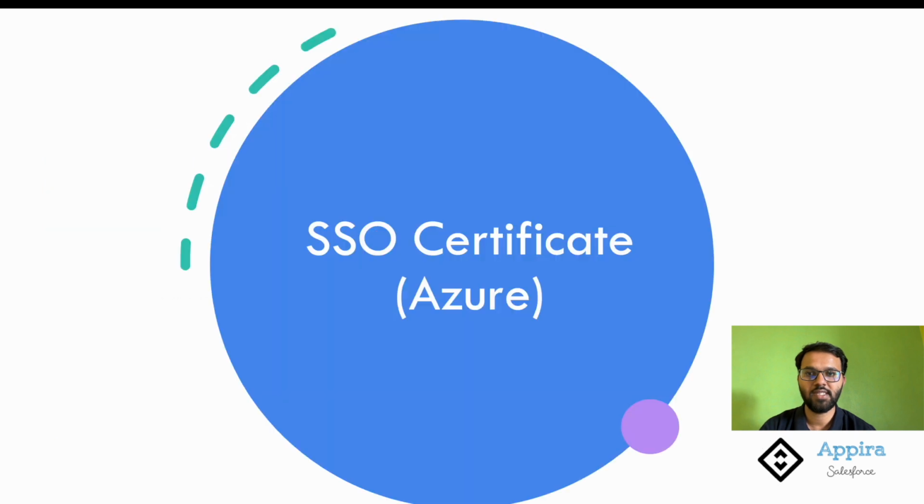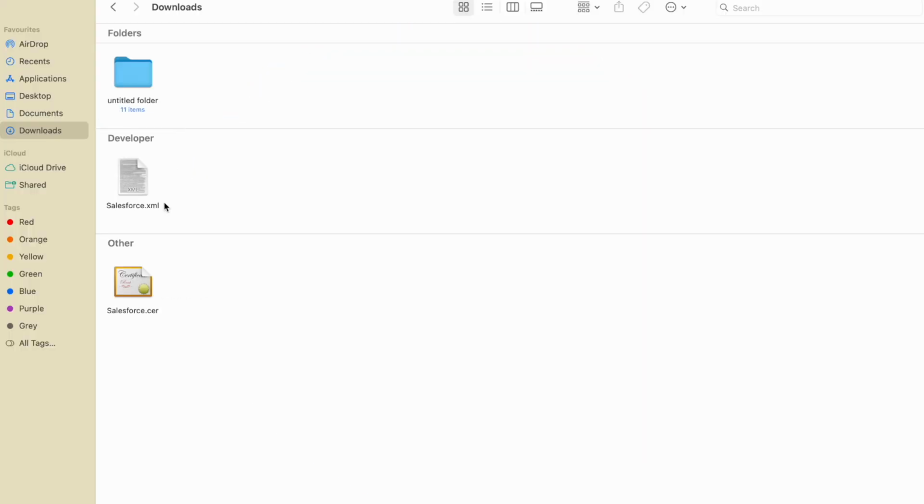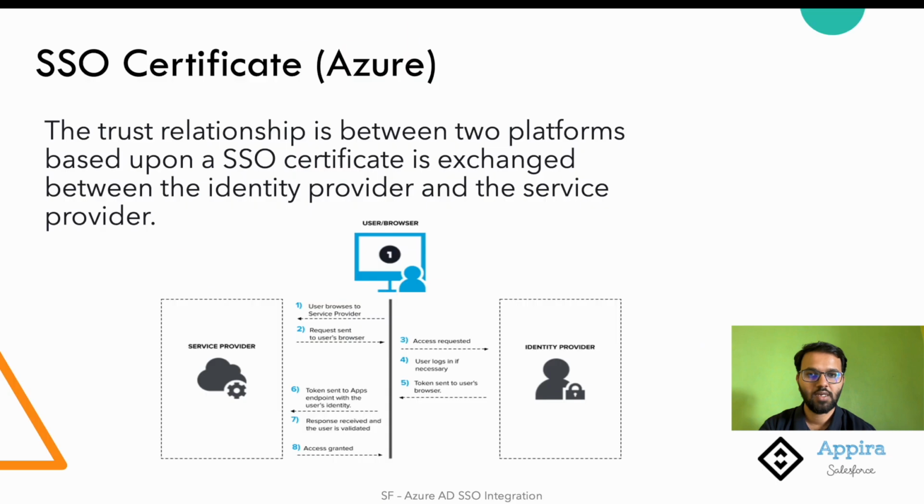We have already seen that. Here you go. So the certificate has been downloaded, this .xml and .cert. Now why we need the certificate is because it establishes a trust relationship between these two platforms, and these certificates are exchanged between Azure and Salesforce.